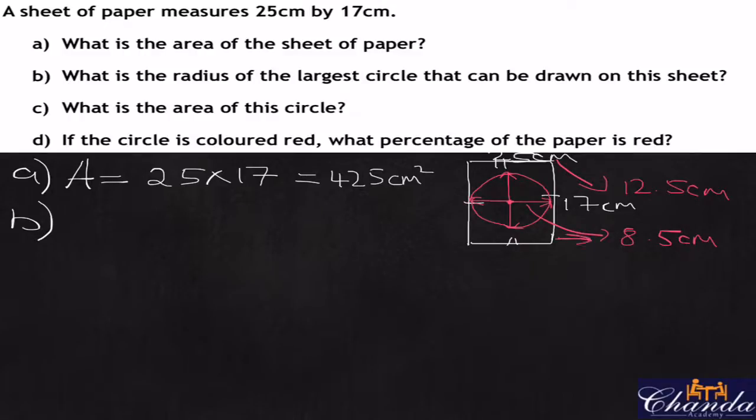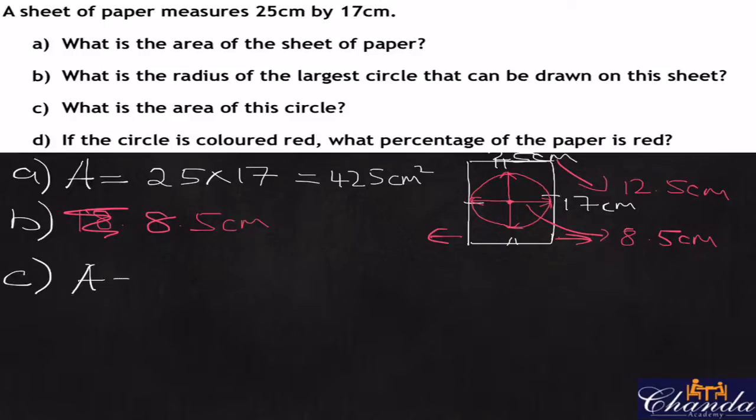So it'll cross this way and this way, and it'll be outside of the sheet of paper, which is not what we're asking for. So what is the radius of the largest circle that can be drawn on this sheet? It is 8.5 centimeters.